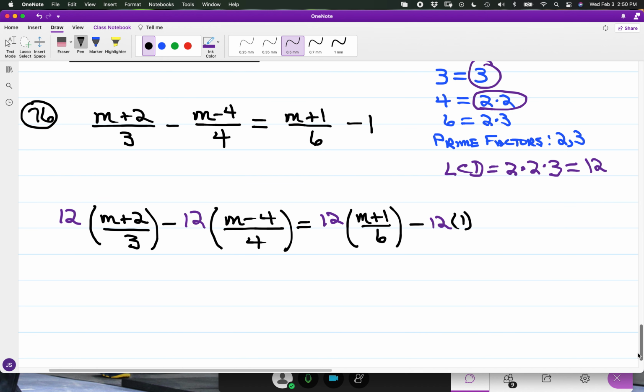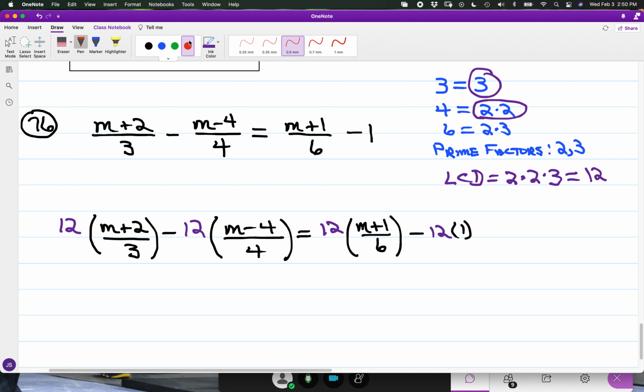Right, so just taking what we have here, if we were to operate along the lines of cross multiplying, 3 will go into 12 4 times. And then 4 is going to go into 12 3 times. And 6 will go into 12 2 times. And in the rewrite, we've got 4 times the quantity (m plus 2).